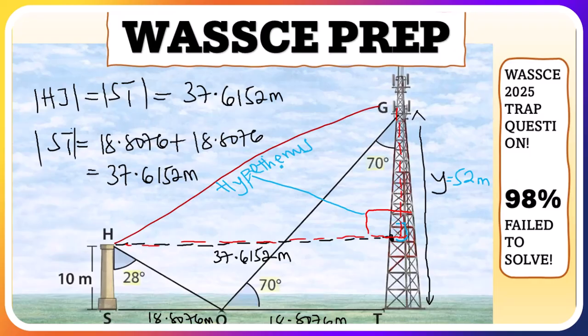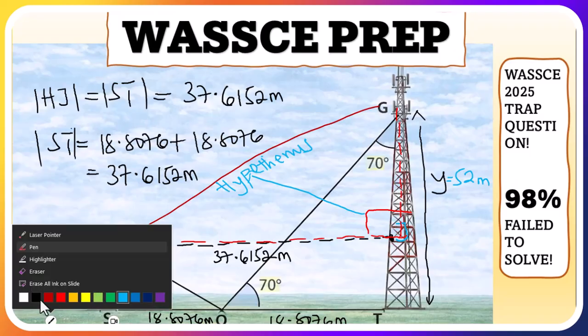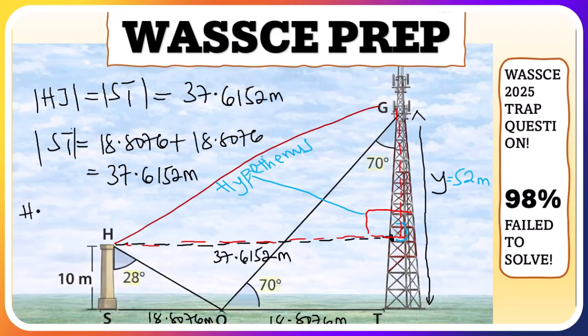And from the Pythagoras theorem, the longest side squared, the hypotenuse squared, HG squared, equals the sum of squares of the other two sides, which is HJ squared plus JG squared. So let's rewrite the same formula here.